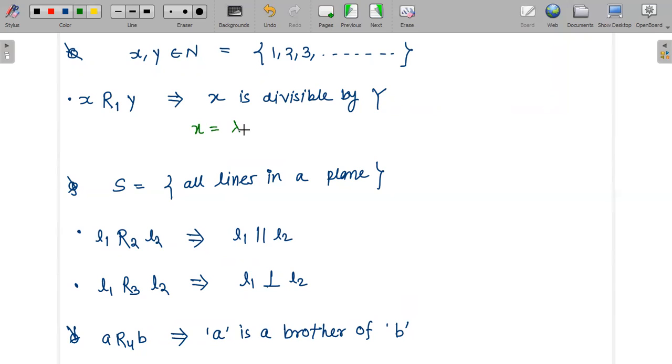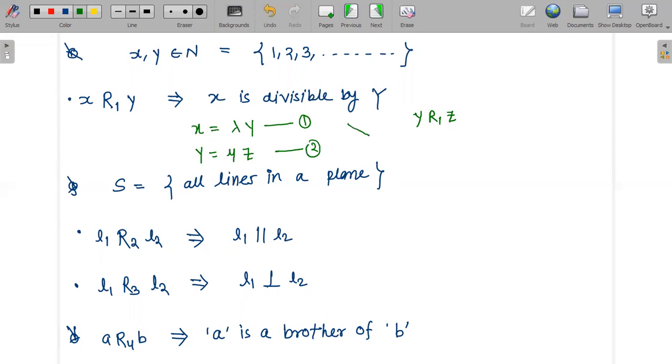So there we go, x is equal to lambda times y. This is given. Based on this assumption, you need to assume that with the same relation, element y will be related to element z, such that y will be some other integral multiple of z. So this is your relation number 2.